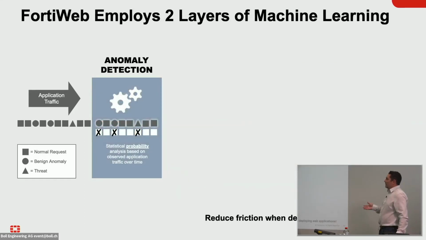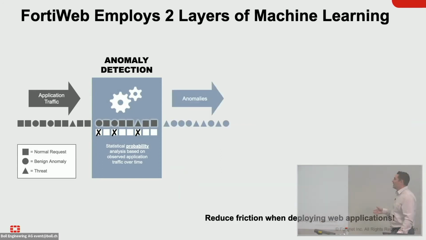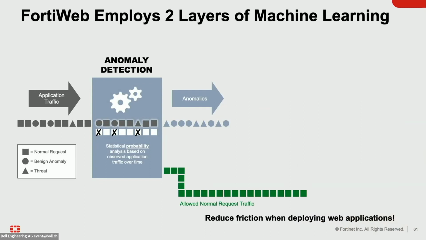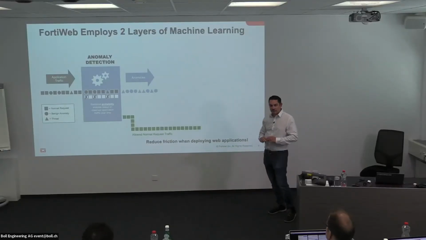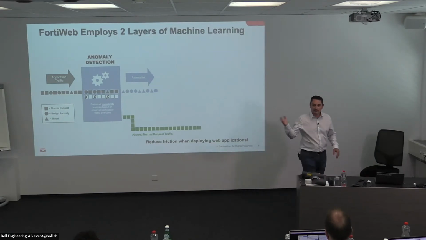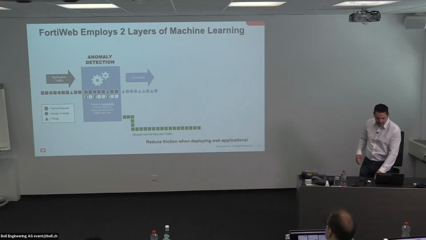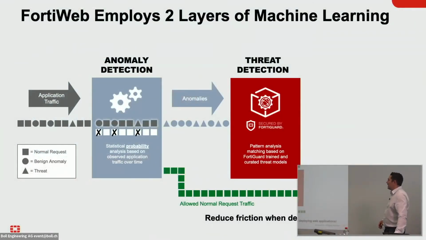The way we do it is a bit different. We first do anomaly detection. All the legitimate traffic goes through, and then we analyze all the anomalies. All our legitimate, really good traffic goes through and works. But for everything anomaly-based, we launch threat detection models. These threat detection models employ the different technologies I mentioned.